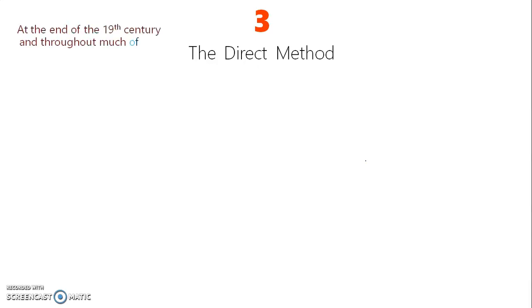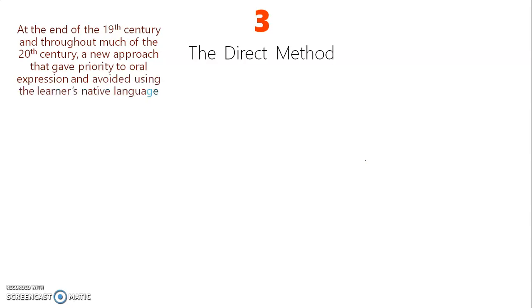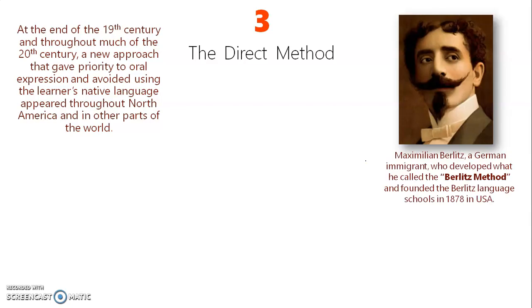Now we come to the third method, which is the direct method. At the end of the 19th century and throughout much of the 20th century, a new approach appeared in North America, and that is because of one of many linguists, mainly Maximilian Berlitz, who was a German immigrant who developed what was called the Berlitz method, following his name.